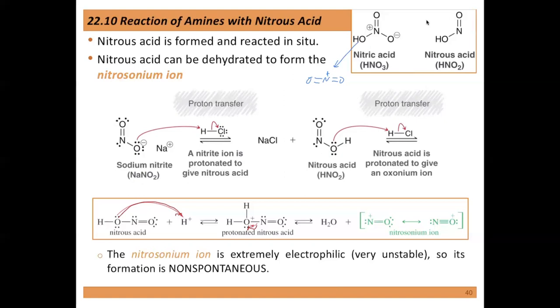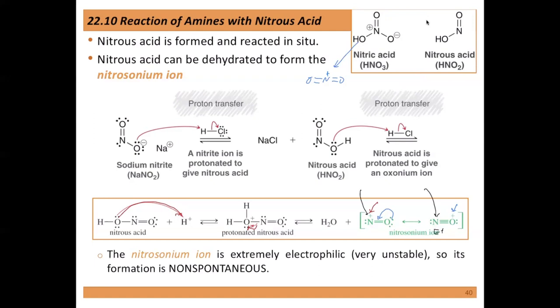So you could have a lack of an octet at that nitrogen there, or you could have this resonance form where those electrons would feed in. Now, in the right example, everyone has an octet, but the oxygen has a positive. Either one of these would be valid in a mechanism, but overall, what's going to happen is this nitrogen right here is going to be very electrophilic.